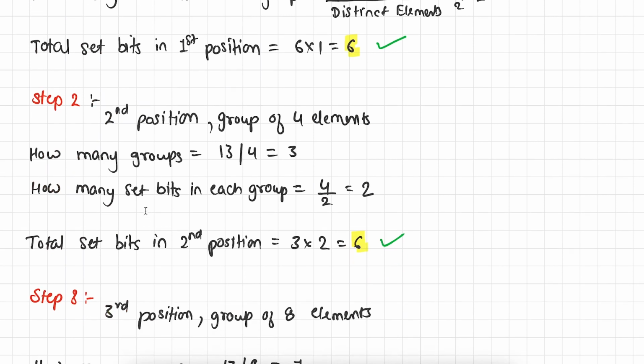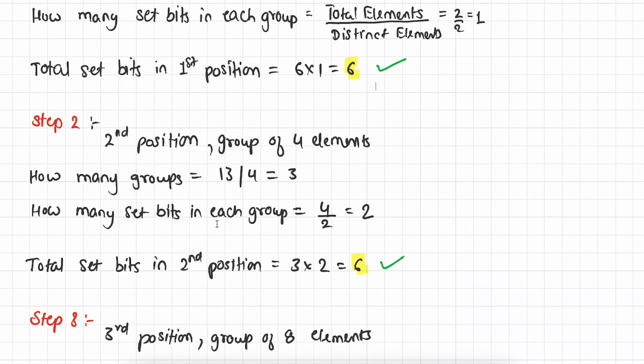Each group has 4 elements, so it's 4 divided by 2, because 4 is the total elements and 2 is the distinct elements. That comes out to be 2. So the total set bits in the second position is the number of groups into the number of set bits per group, 3 into 2 is equal to 6. We are done with the second position.